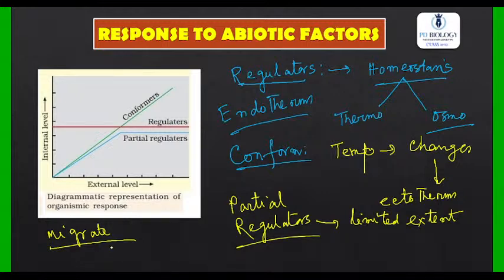This strategy is like a person moving from Delhi to Shimla during summer. That is migration from an unfavorable habitat to a more favorable habitat.